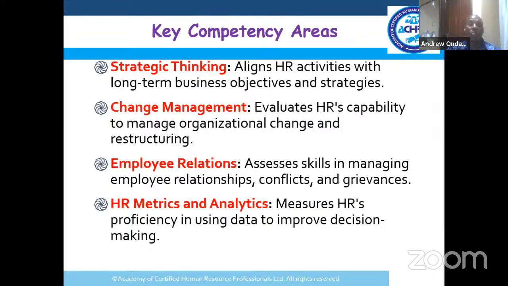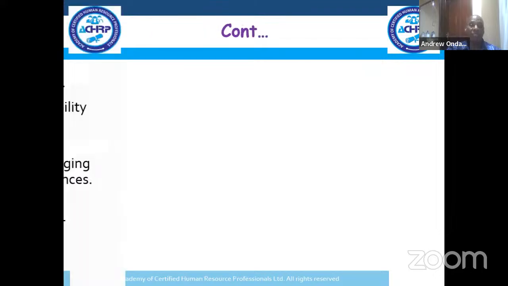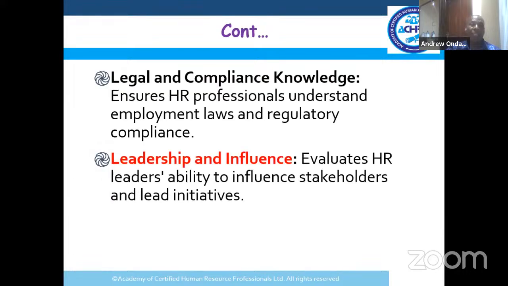Two, it can be qualitative, where we are describing certain conditions which are not right or are good for the organization. The other competence is legal compliance, that as HR managers, we must be conversant with the various labor laws, and I've already mentioned them, that as HR professional, you must have a clear understanding of how the various labor laws affect your organization and ensure compliance.